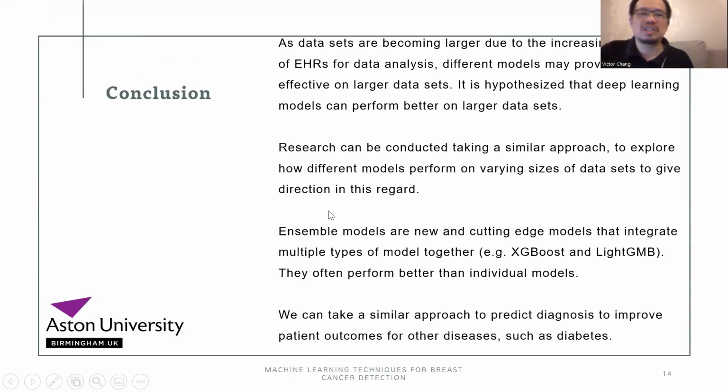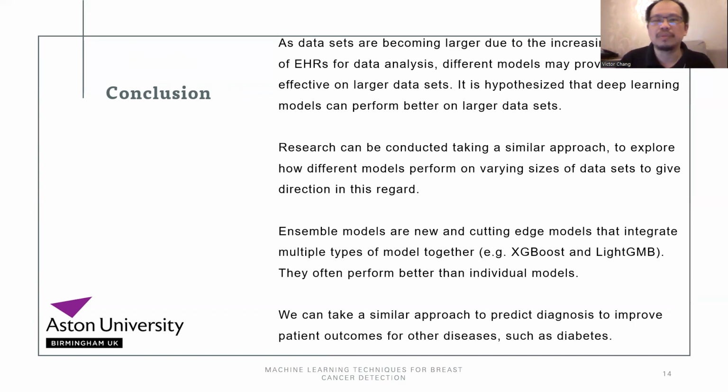The conclusion is that as the data sets are becoming larger due to the increasing popularity of electronic health records for data analysis, different models may prove to be more effective on larger data sets. The common approach is that machine learning data scientists will need to understand all the different models and run them all together, then make comparisons to understand which model gives the highest level of accuracy.